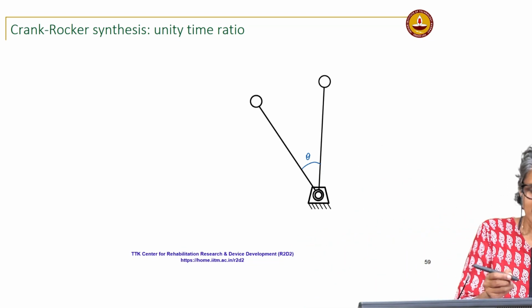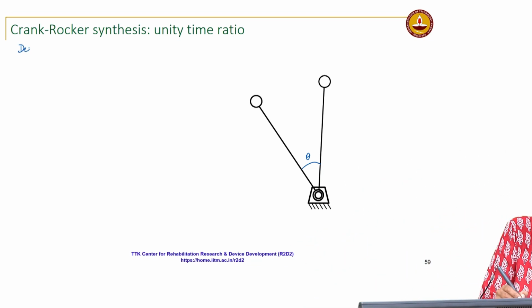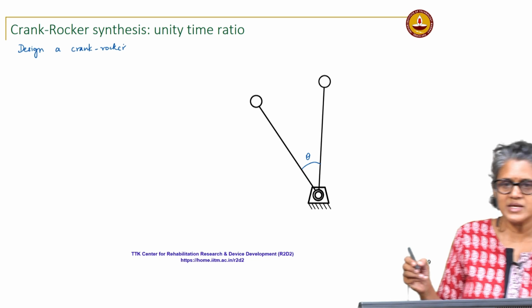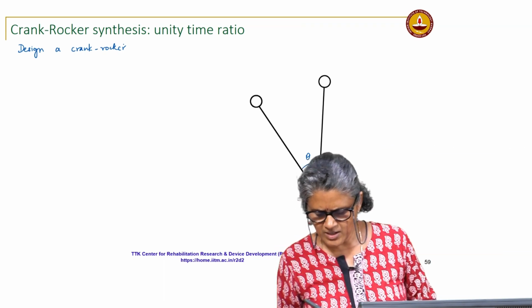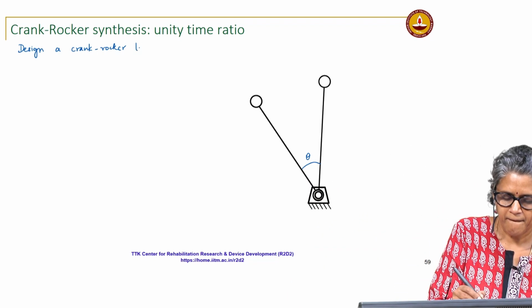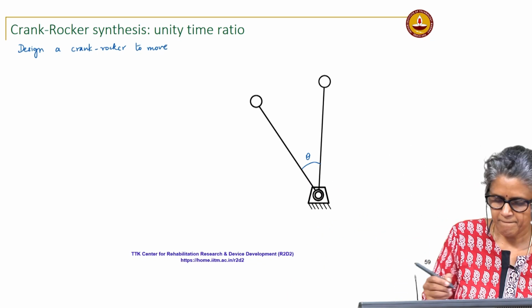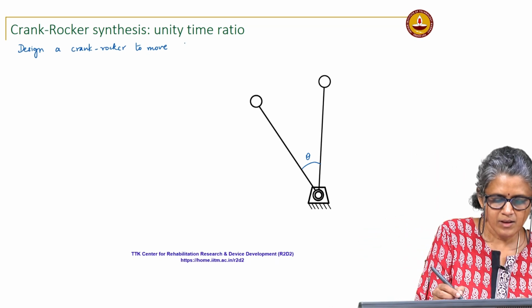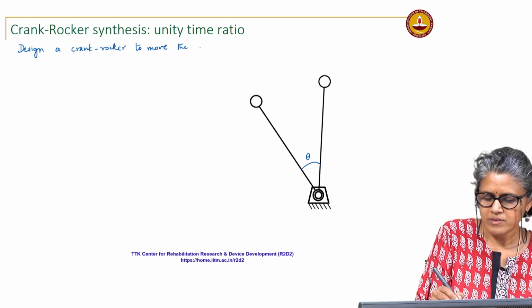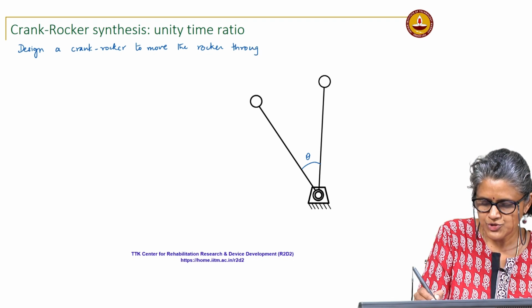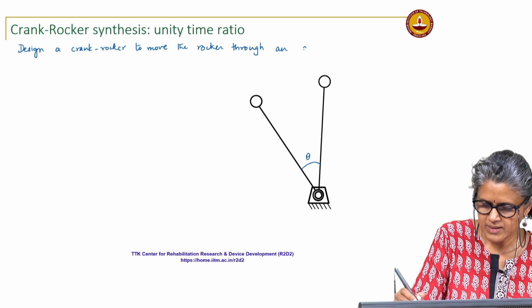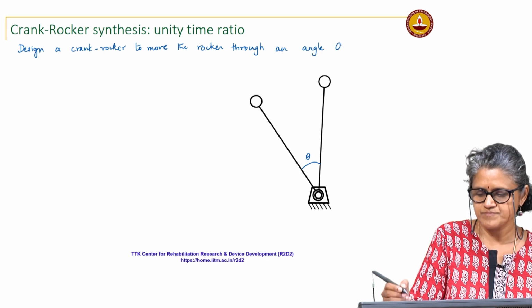So basically design a 4 bar linkage, or I will just design a crank rocker, which means it should satisfy the Grashof criterion and the input should be the shortest link to move the rocker through an angle theta.